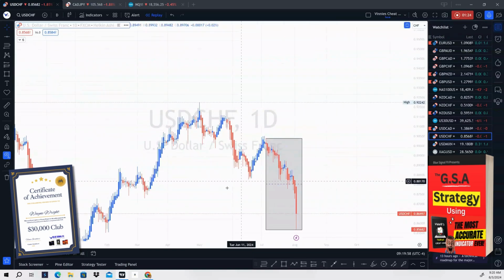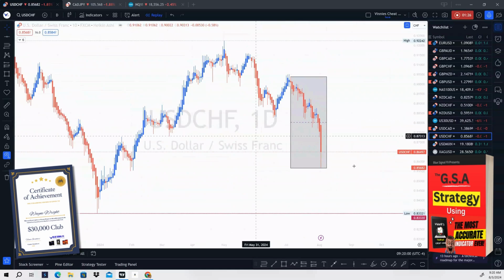Now, if we're looking at the daily time frame, the current time frame, this current price action here, what I like to do is decide where did price decide to shift, and we can see exactly right here, this candle, right?